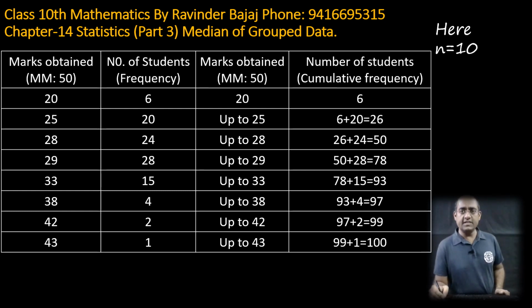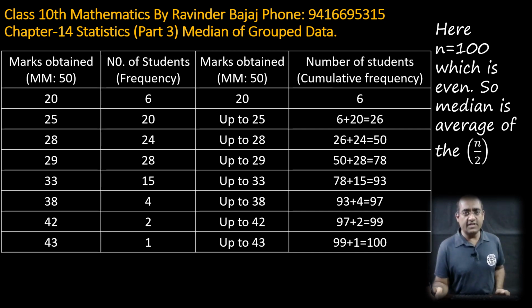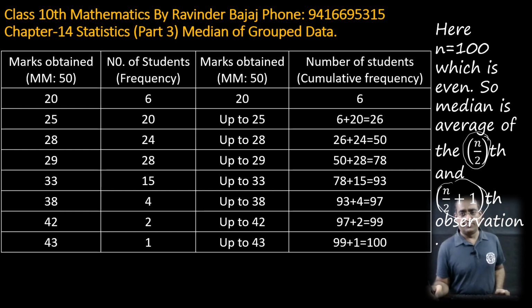How to find the median? See, here n is equal to 100, meaning the total number of students is 100, which is an even value. So the median is the average of the n by 2th value and the (n by 2 plus 1)th value. N by 2 means 100 by 2, which is 50. So this is the position, and its next value, the 51st, will be at the next place.